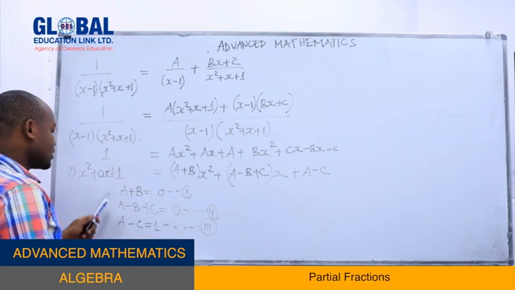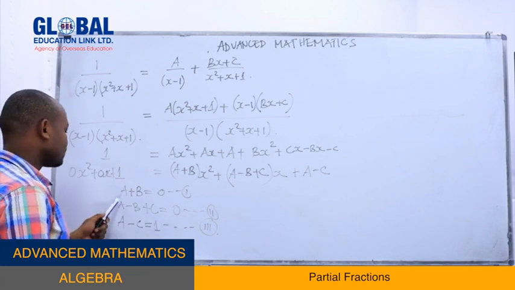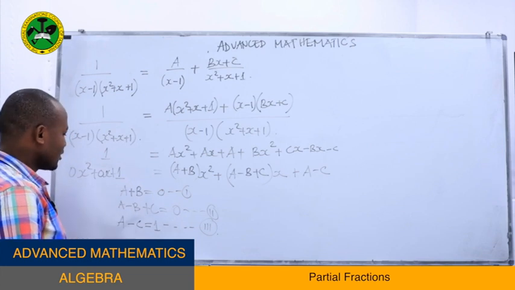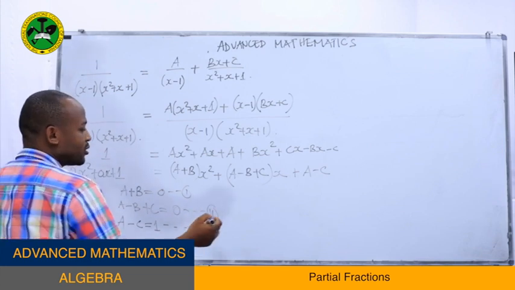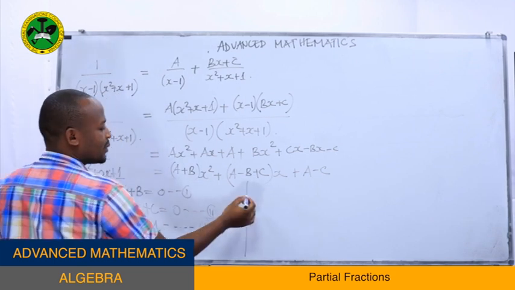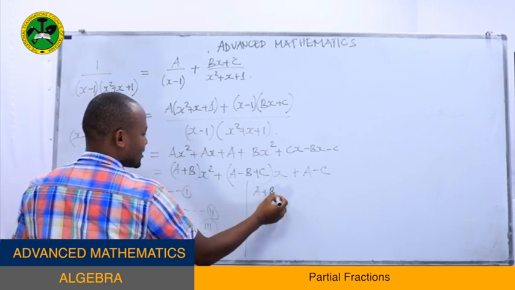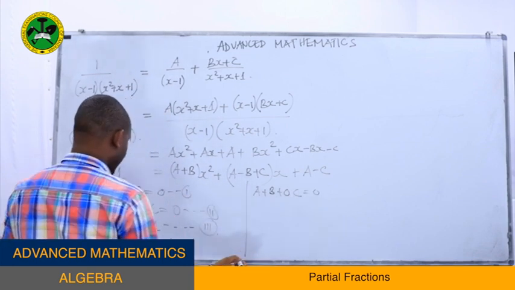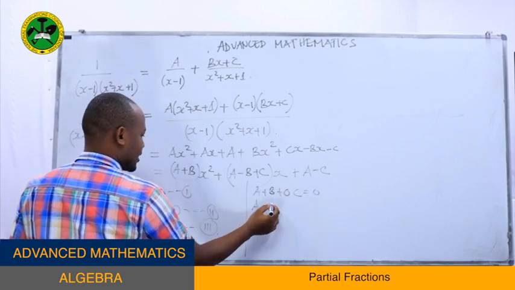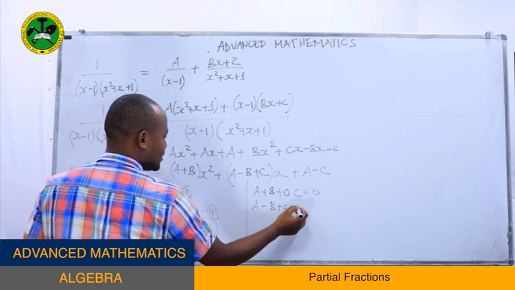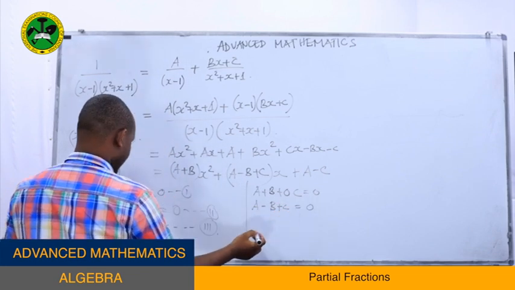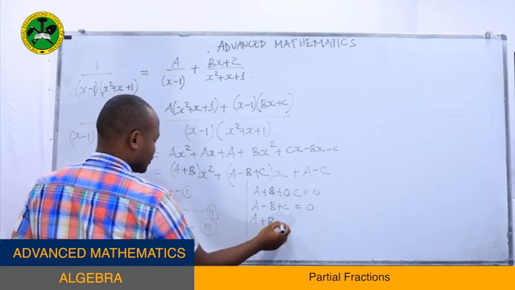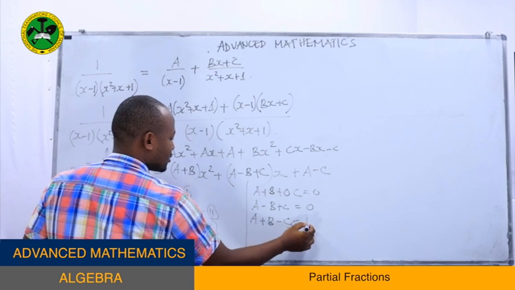Now we can use the calculator again to find the value of a, b, and c. But for you not to confuse or mix the coefficients, you can also write this: a plus b plus 0c is equal to 0, and a minus b plus c is equal to 0, and a plus 0b minus c equals 1.